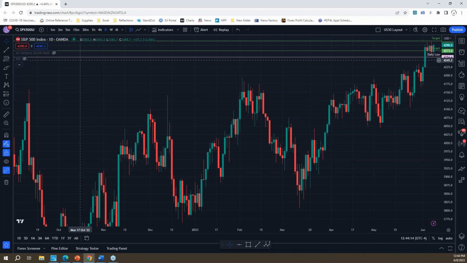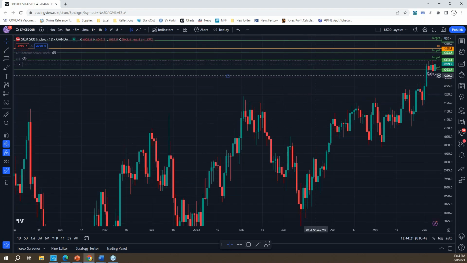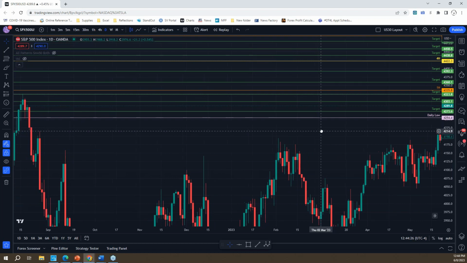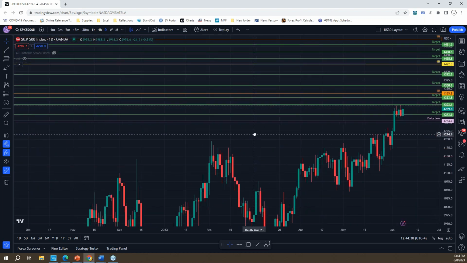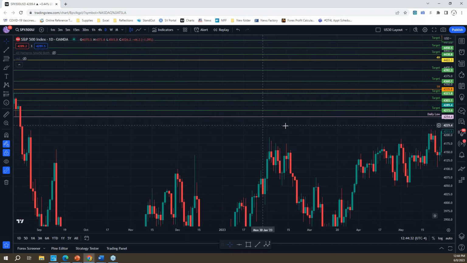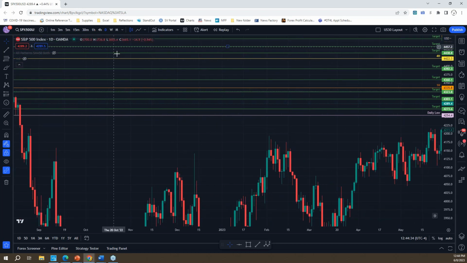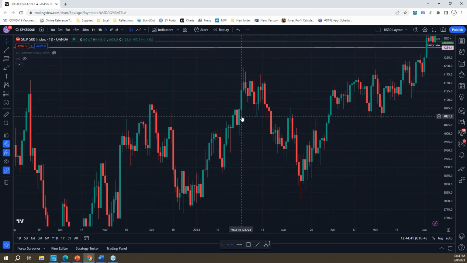So right now I'm looking at the S&P 500 index, right? Some of these lines up here were actually charted maybe a year ago. And right now I am on a daily time frame, meaning each one of these candlesticks represents one day's worth of price movement.